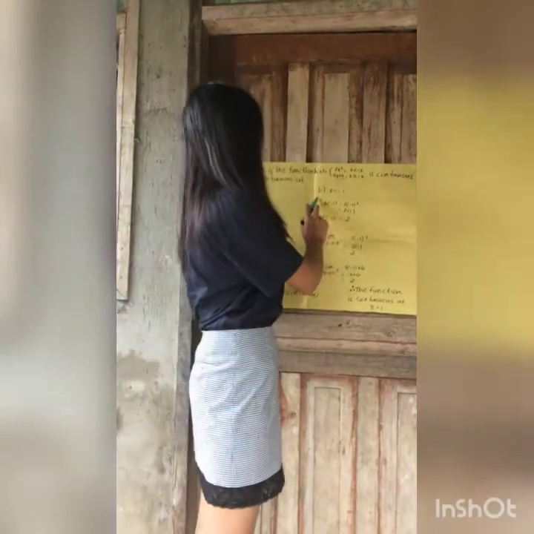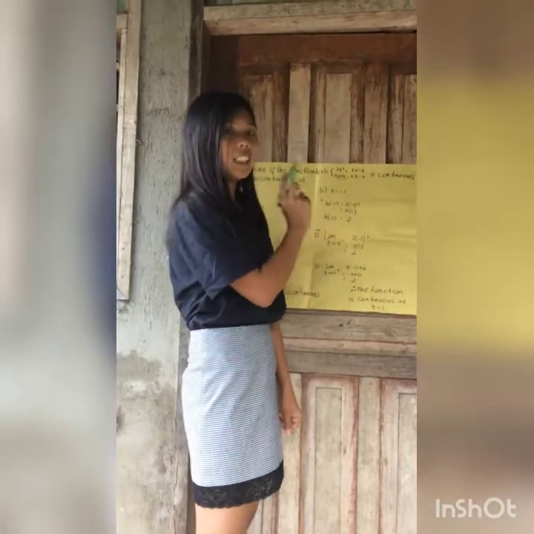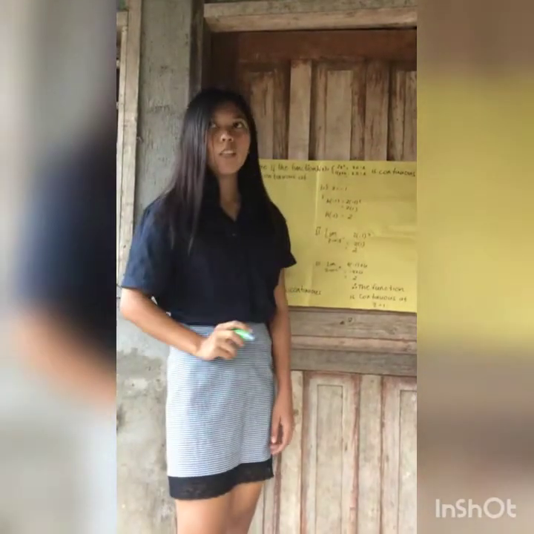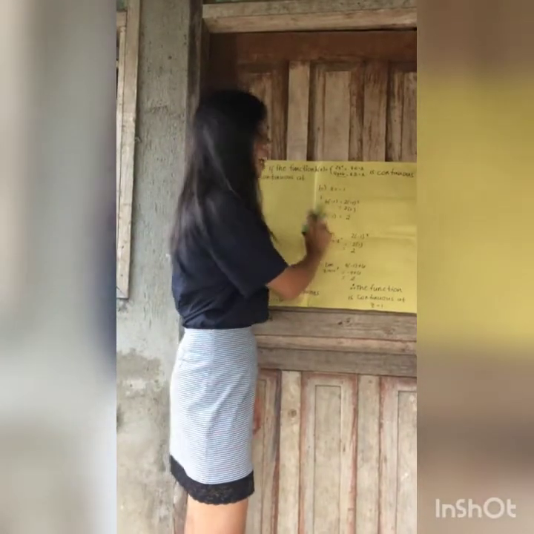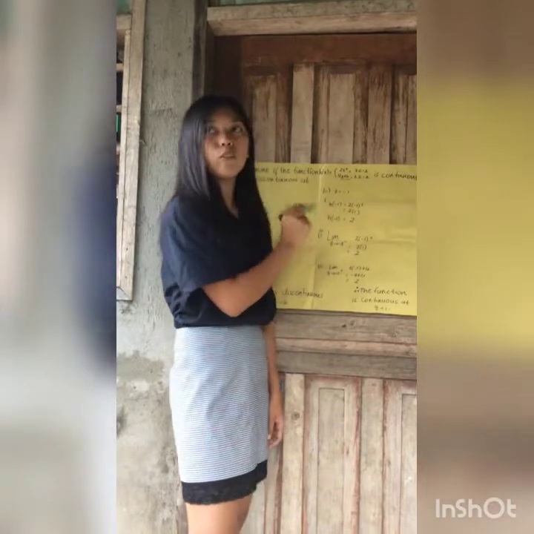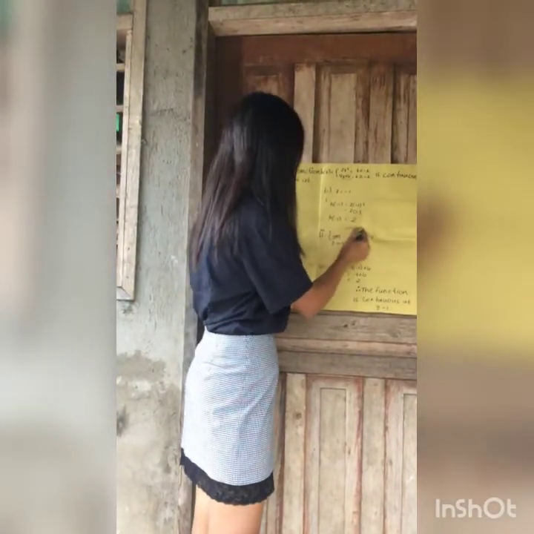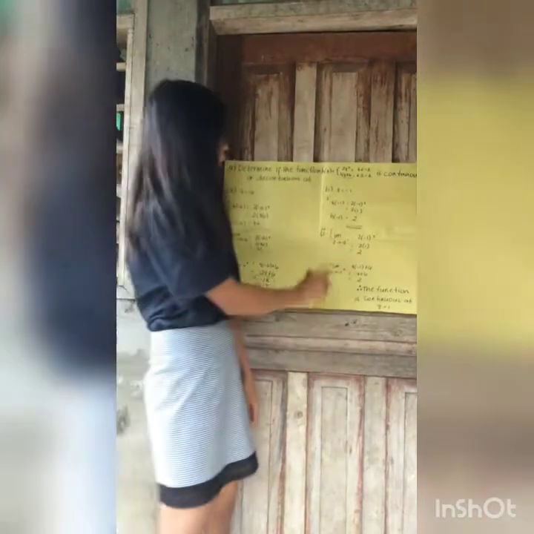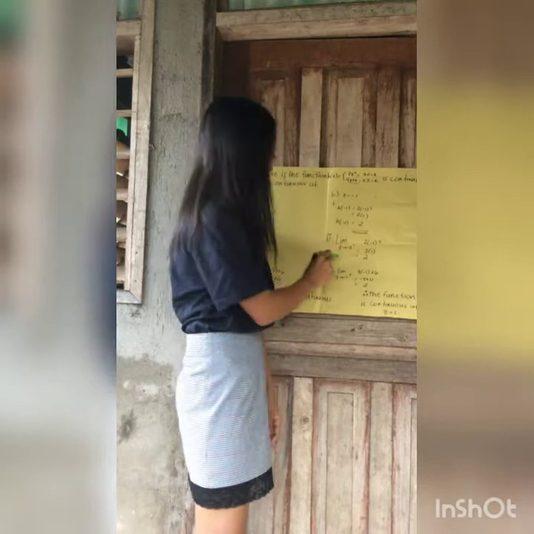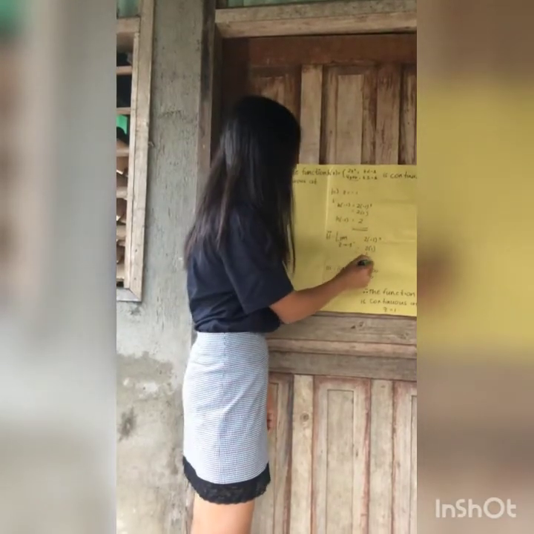Next is letter b, z equals negative 1. As I said earlier, we're going to replace the value of z. So h of negative 1 is 2 times negative 1 squared, so we have 2 times 1, which is 2. Next, the limit as z approaches negative 1 from the left is 2 times negative 1 squared, so 2 times 1 equals 2.